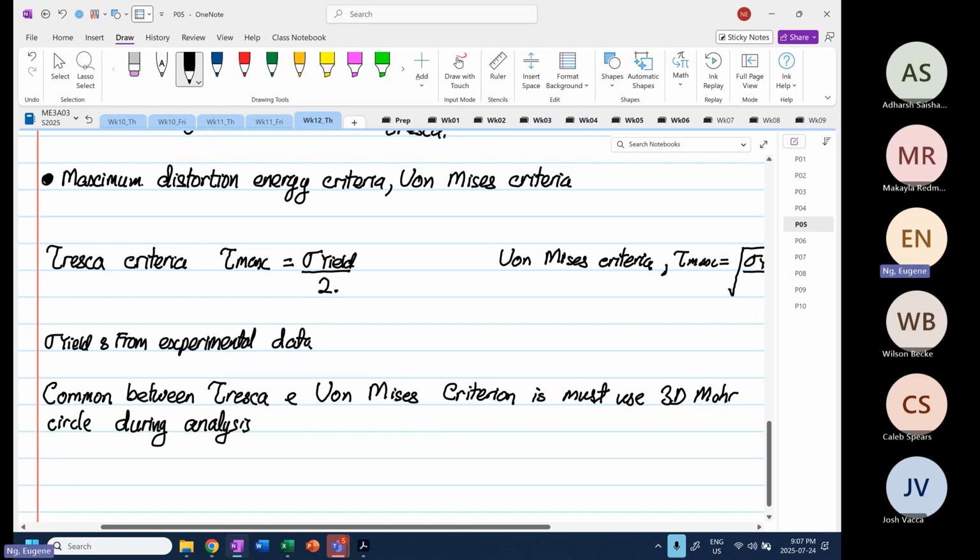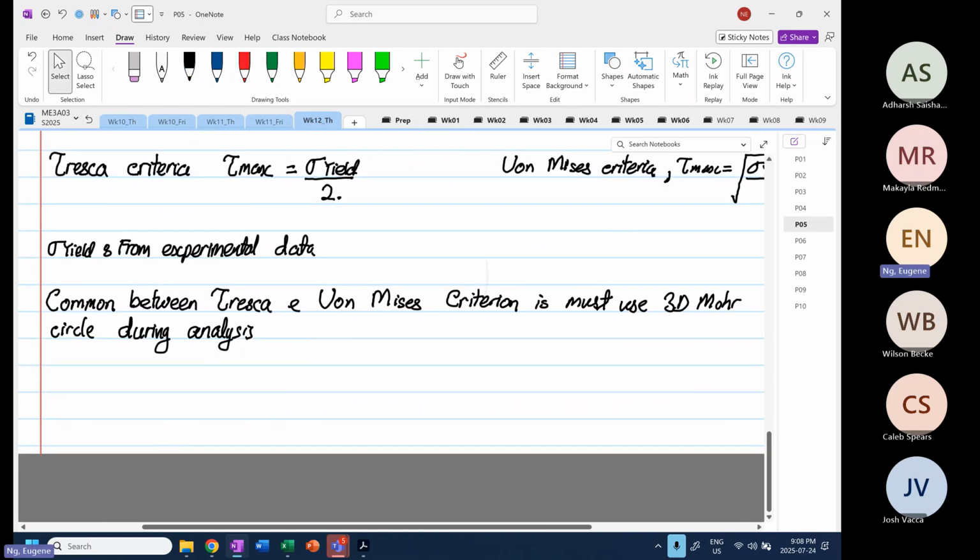That's why you saw the example before, the one that we took 2 hours to finish off. I insist that you all draw the 3D Mohr circle. I don't have time to go into von Mises, so I'm just going to teach one, because I have 2 more big examples to show you, and I need time to show you.